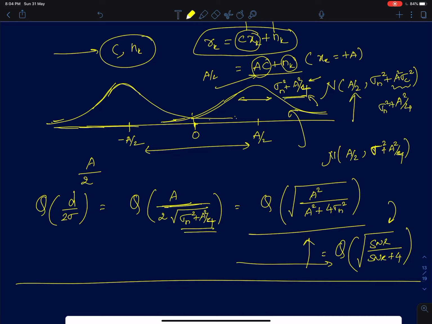I'm not sure if there is a small calculation mistake somewhere. You're supposed to get Q of 1. If SNR tends to infinity, yeah, you get 1. I'm sorry, this is fine. If SNR is 0, you will get Q of 0. This expression is fine, I'm sorry. I've just taken sigma n square common out from this, so you will get SNR by SNR plus 4. So you can see if SNR is 0, it will be Q of 0, which is half. If SNR is infinity, you will get Q of 1. So this is the general expression.